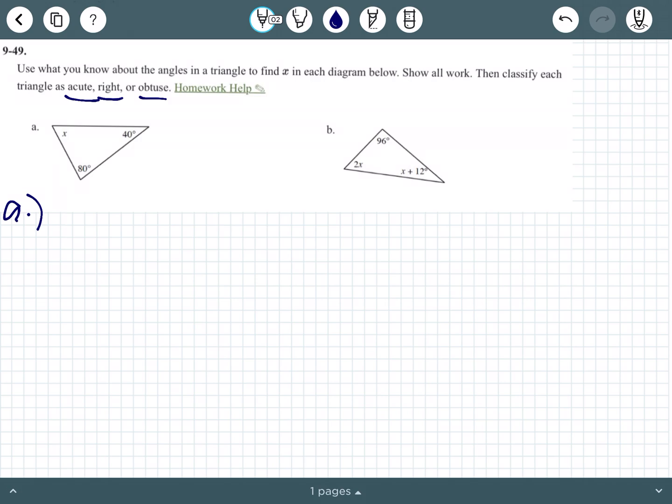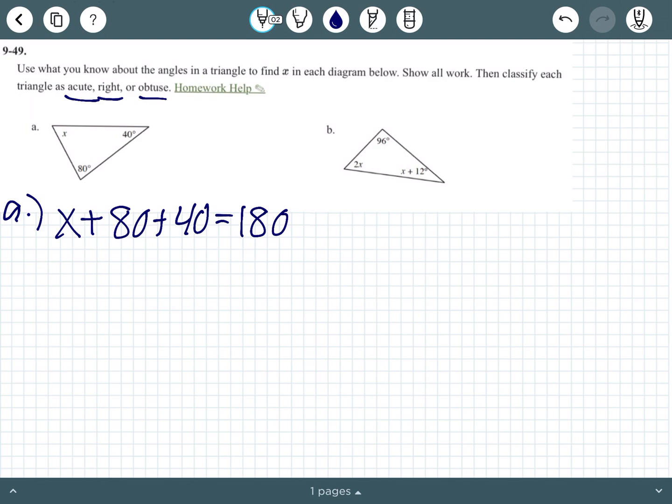So I know that all three angles should add up to 180 degrees. So I personally, to work through this, I would write an equation. So I would do x plus 80 plus 40. That equals 180 degrees.